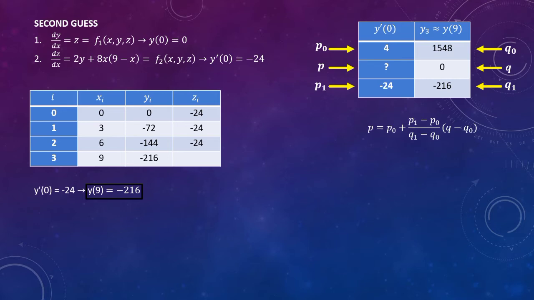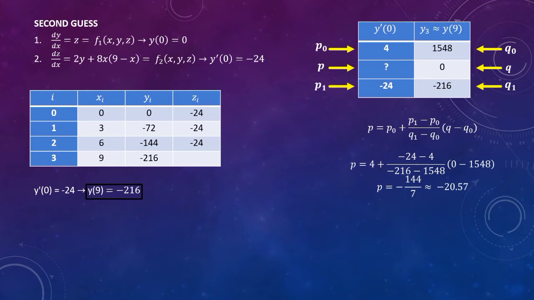We have already assigned the values, so we can now substitute them into our formula. So 4 plus negative 24 minus 4, divided by negative 216 minus 1548, multiplied by 0 minus 1548. Using your calculator, you can get this value.